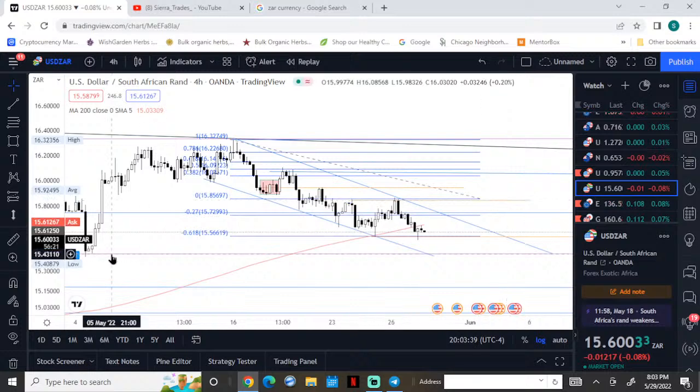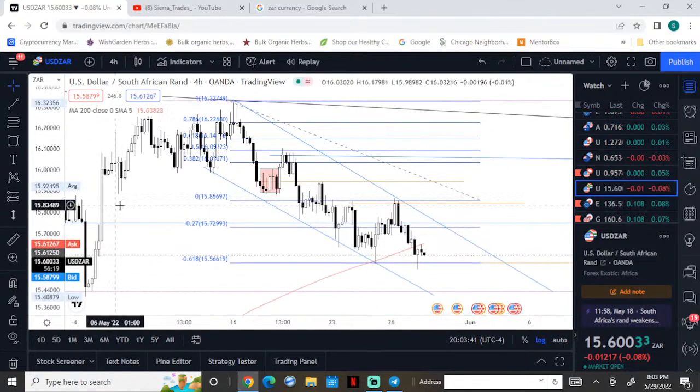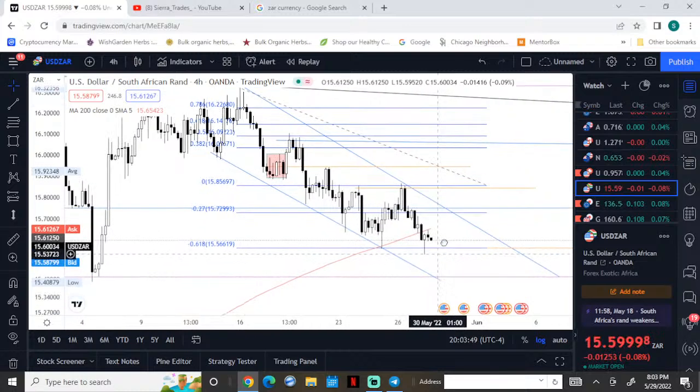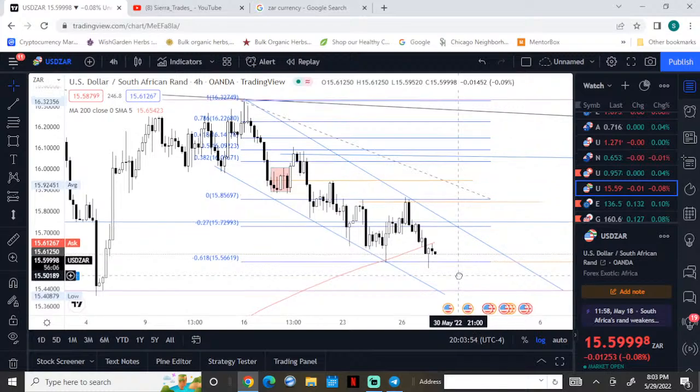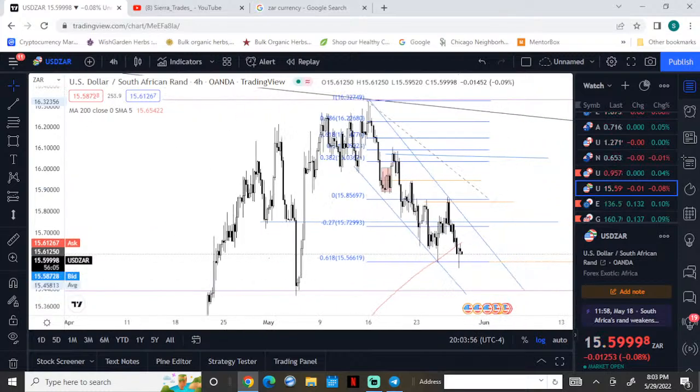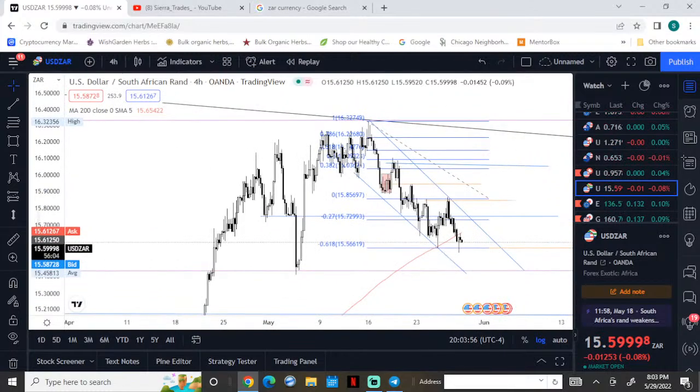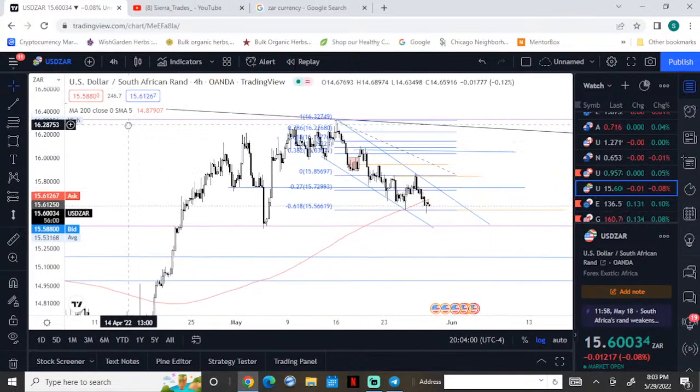So now let's just wait to see what happens. It's at the 618. It could consolidate, it could reverse, it could finish this channel, come up here, drop. I don't know. All I know is it's a beautiful markup.